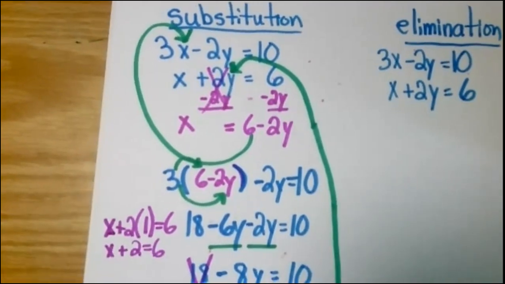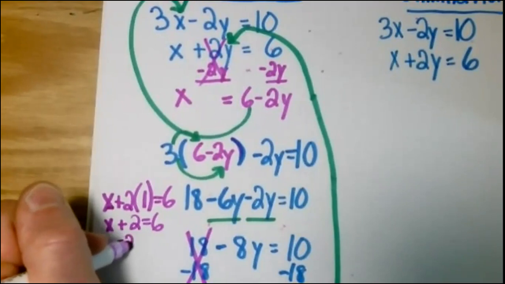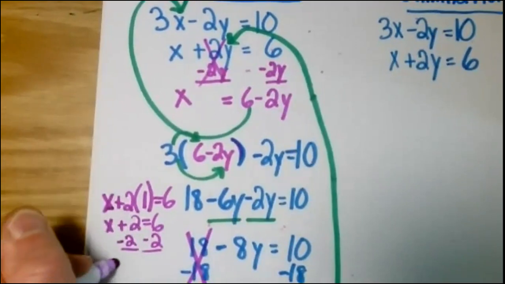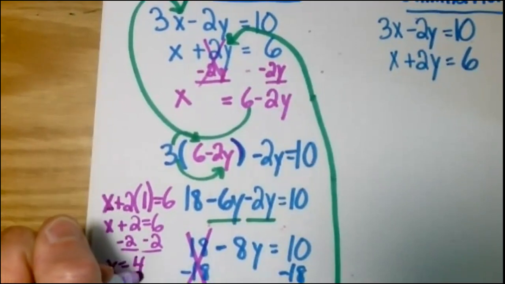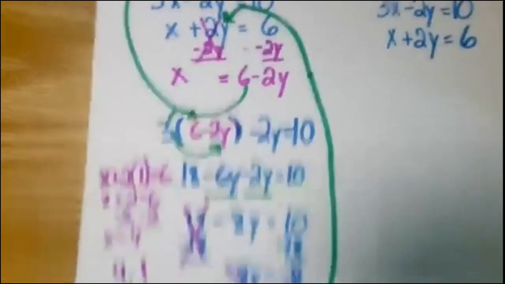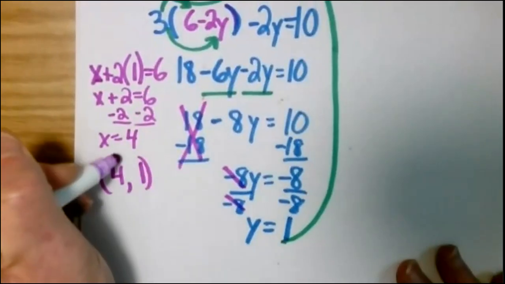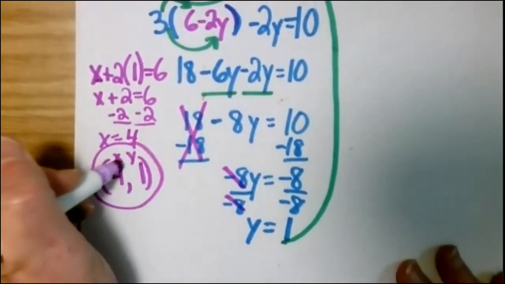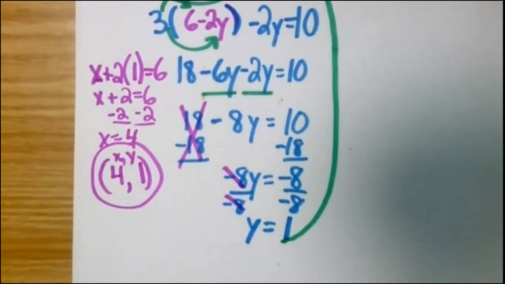Subtract 2 from both sides. x is equal to 4. So my system of equations answer is the x value is 4, the y value is 1, x and y. That's the answer using substitution.